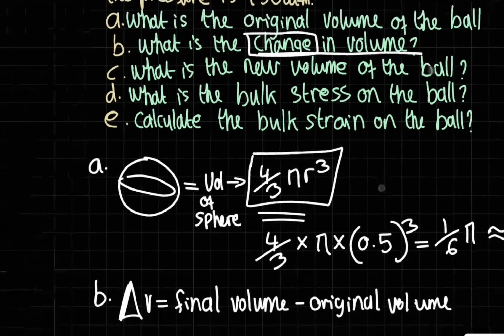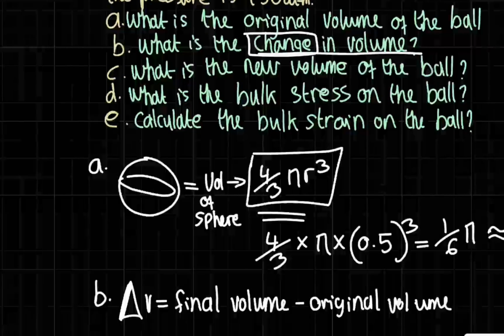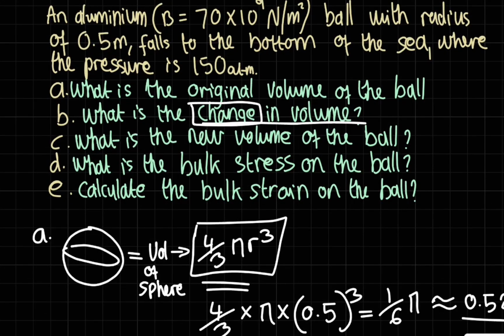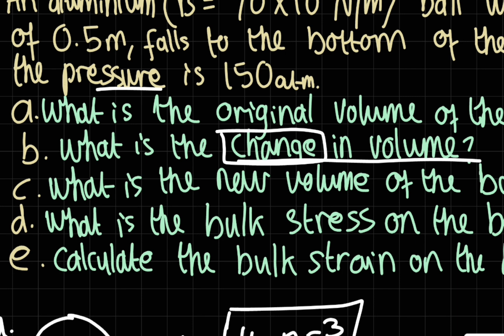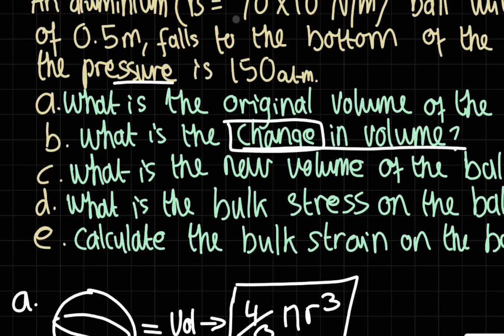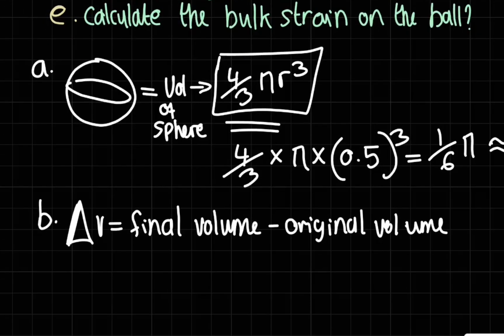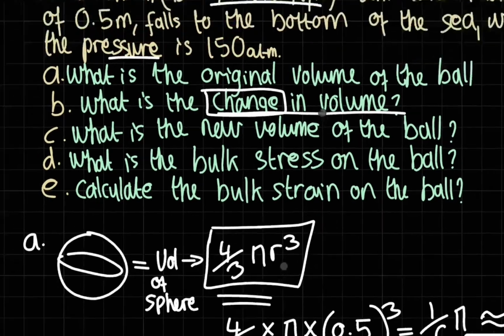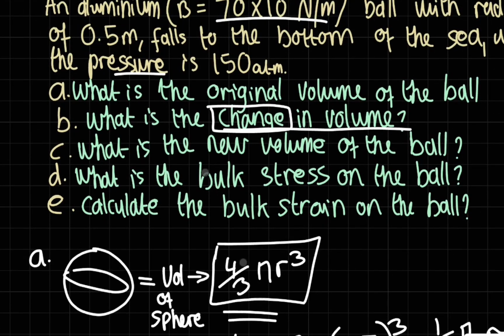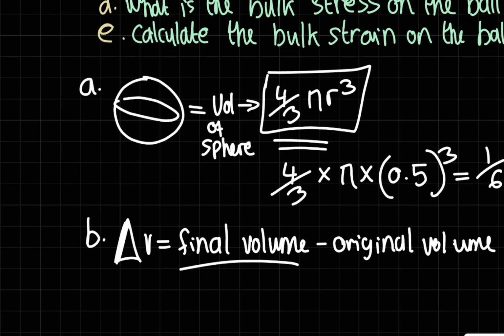There should also be an equation linking the pressure to the volume and also the bulk modulus, which is given here. If we wanted to look for the final volume, we probably want to see what the radius is at the end, because the radius would change, and we haven't been given any radius other than the original radius, so this equation cannot be used.